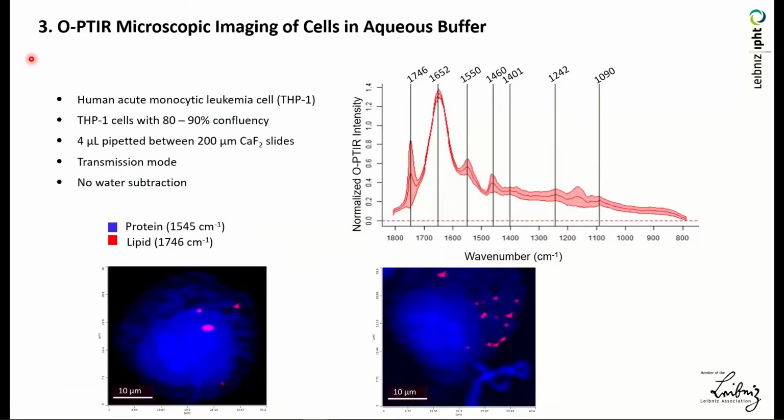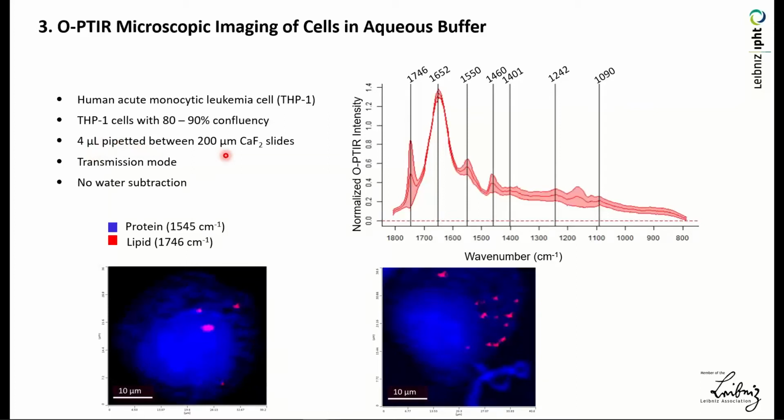So in another series of experiments, we measured O-PTIR microscopic images from cells in aqueous buffer. The first cell line was a leukemia cell, THP1. Cells were grown to 80 to 90% confluency. We pipetted a small amount, around 4 microliter, between two very thin calcium fluoride slides.